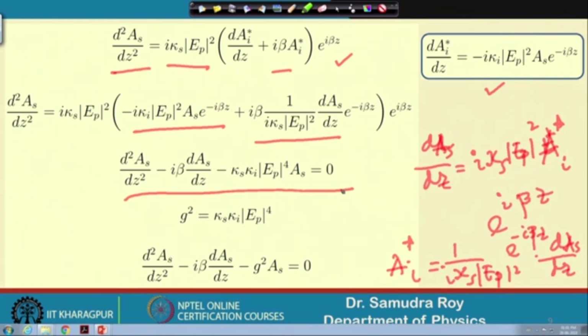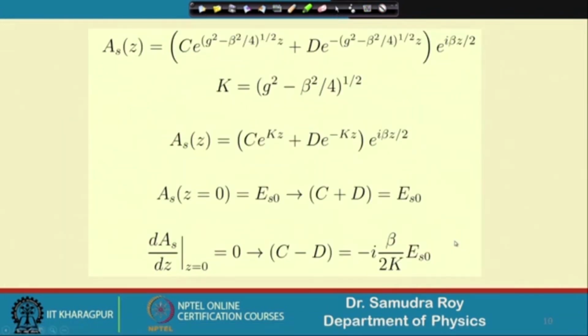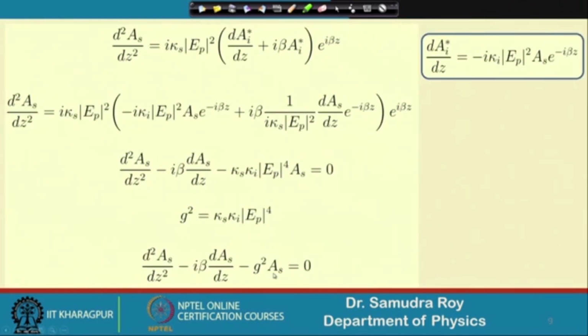If this differential equation is there, now I write kappa s kappa I E p whole to the power 4 as g square. So, I will have a differential equation of A s, which is the signal amplitude. Next, we are going to solve this equation, which is not a big deal. This is a homogeneous second order differential equation.